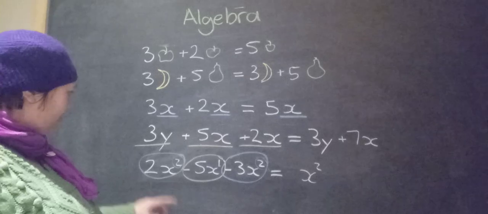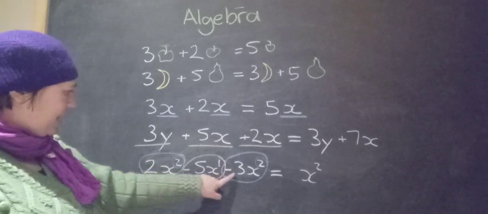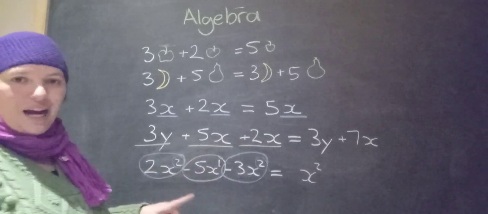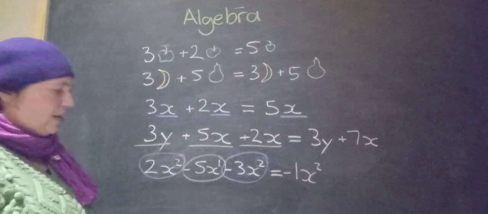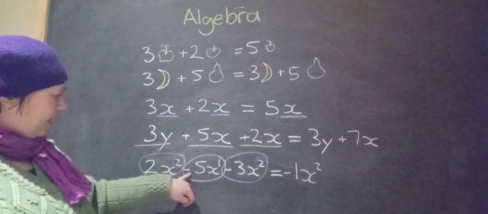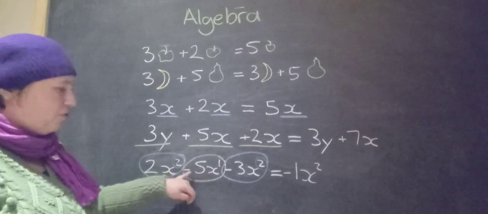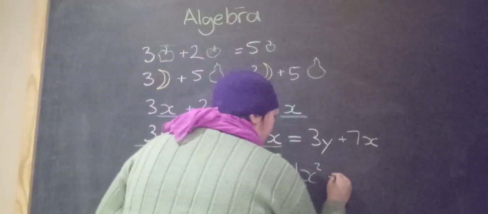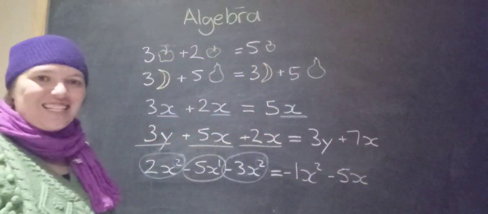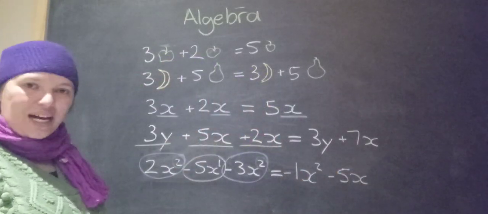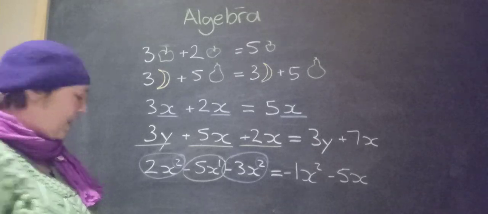How many of that stuff? We've got 2 minus 3 is minus 1. And here, this one's all by itself, so nothing changes, minus 5x. Right, so this is adding and subtracting variables.